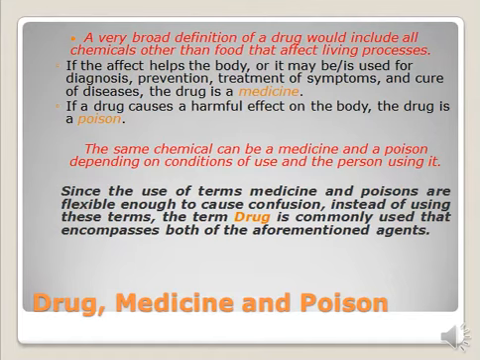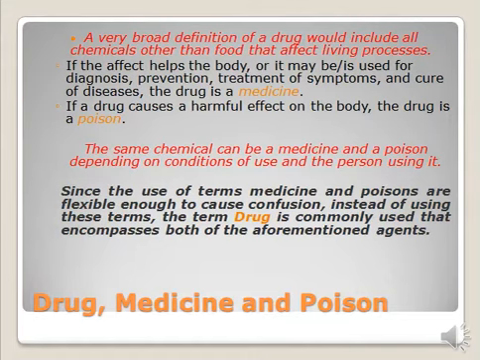So I repeat that a drug is any substance that includes all chemicals other than food, right? So food is not included in the drug. So other than food, all chemicals that affect a living process. So such a substance or such a material or such a thing is called a drug, right?